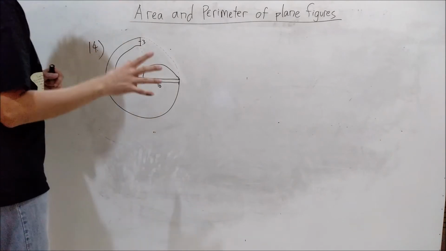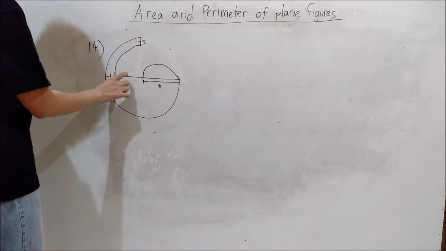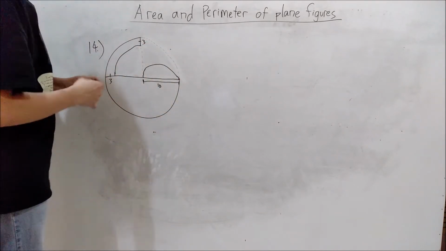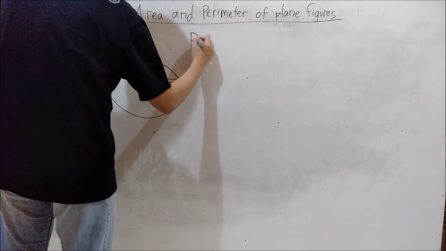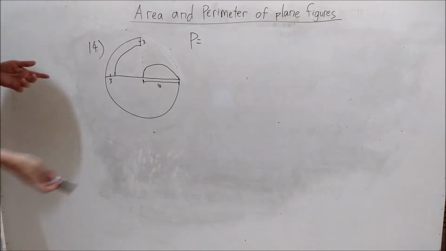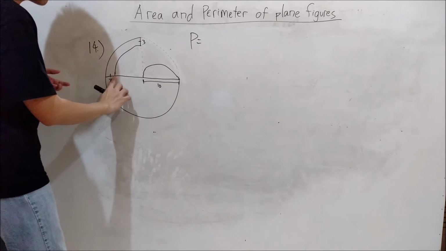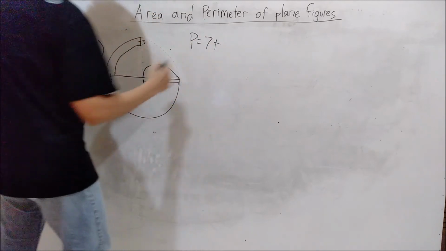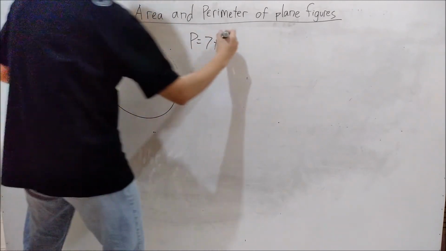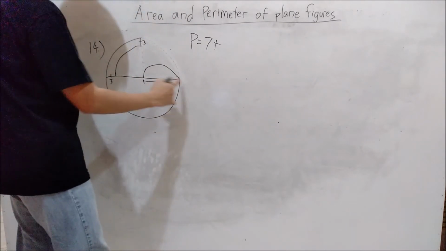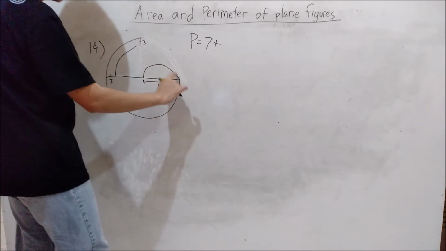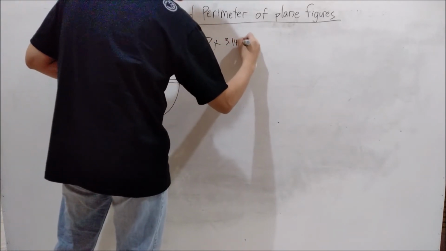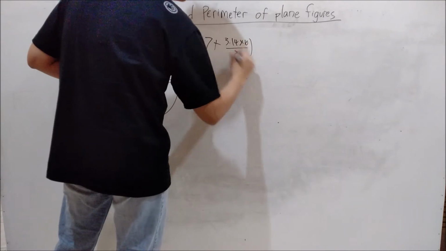So the book tells us that these two points are 3, and the radius of the big circle is 10. The first thing that we are going to find out is the perimeter. How do we find the perimeter? Let's start with this point. We will add the first line, which is 7, plus half of a circle. Pi times d, the diameter of this circle will be 10. So we use 3.14 times 10 divided by 2.